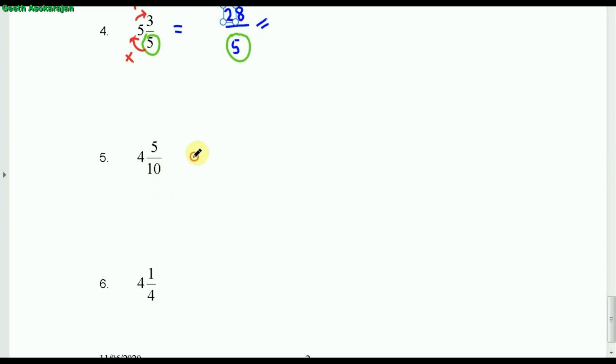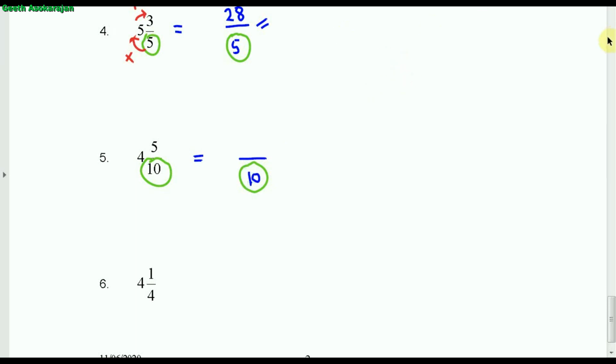Right, for number 5. So remember the idea. Let me get my green pen. Because green pen is the first step, I'll write down that 10 here. So here's my 10. And then remember the next step.